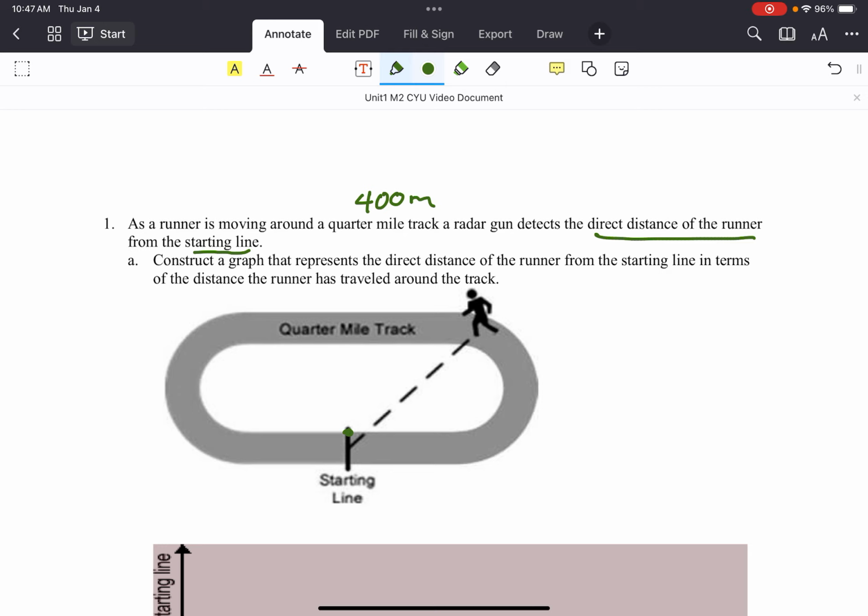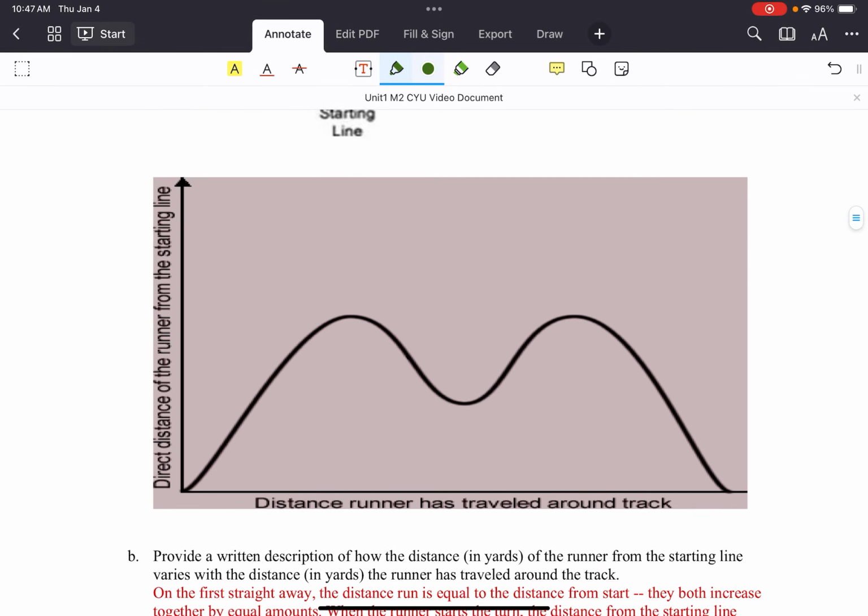Whatever the independent variable is, I like to break that up into equal sized pieces. When I get those equal sized pieces, I can think about how the other variable is changing as that distance increases by equal amounts.